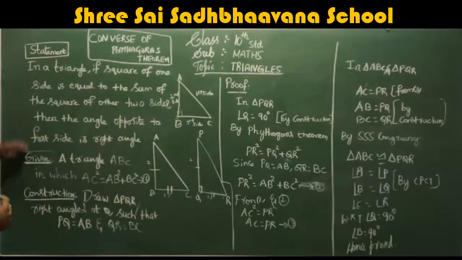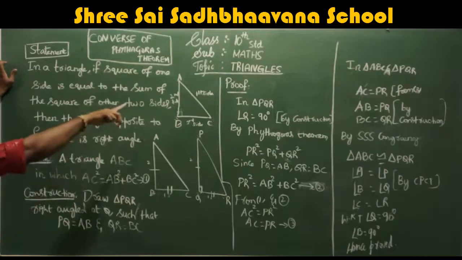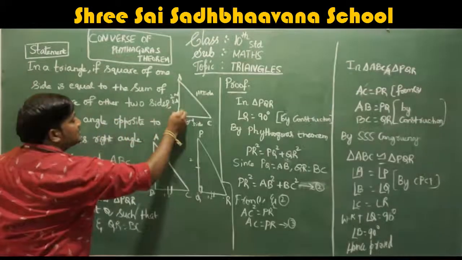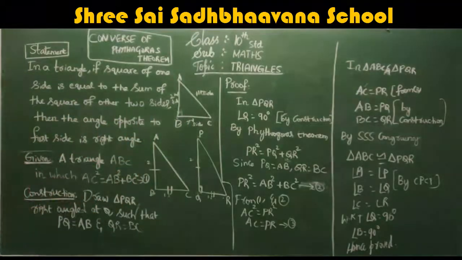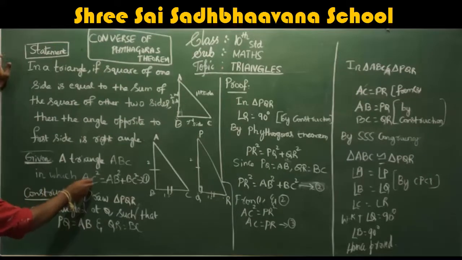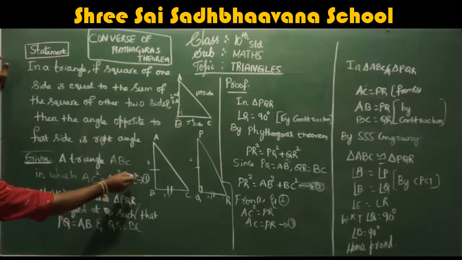So according to them, the square of the first side is equal to the sum of the squares of the other two sides. If this condition is satisfied, then the angle opposite to the first side is a right angle. It means we have to prove that in a triangle ABC, if AC square is equal to AB square plus BC square.